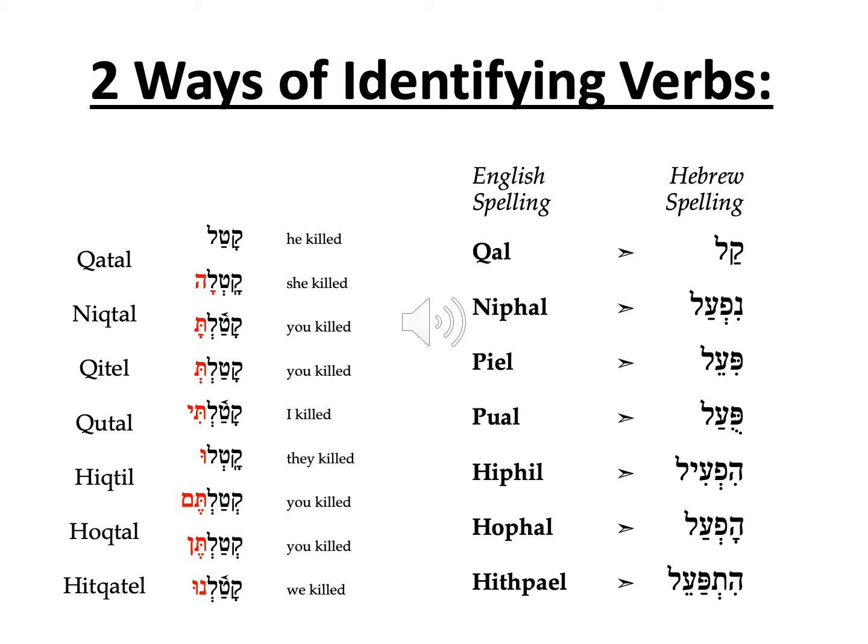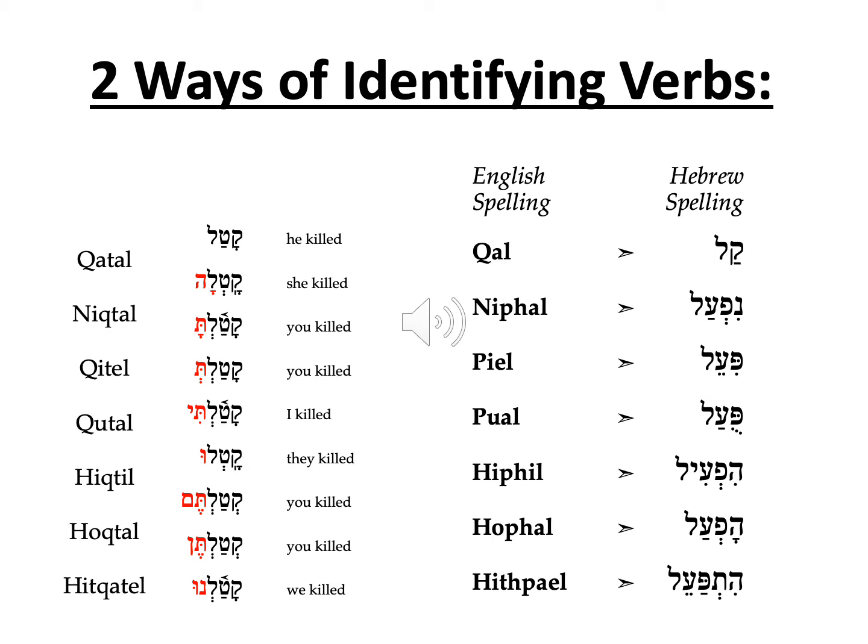On the far left is a different way of rendering, although we typically do not use niqtal through hitqattel. Instead, we use qatal in different formulations of qatal to describe what happens within a particular stem or binyan. This will all make sense later, but for now I just simply want you to know that there are 2 different systems for identifying the verbs.